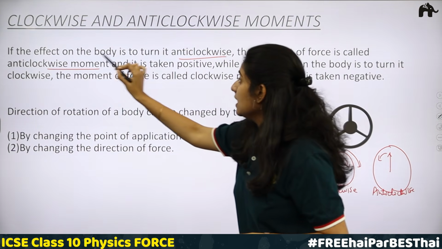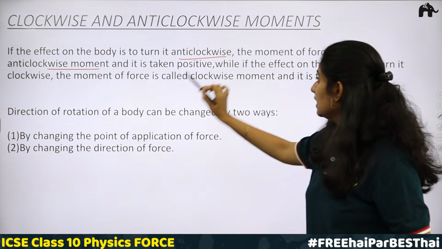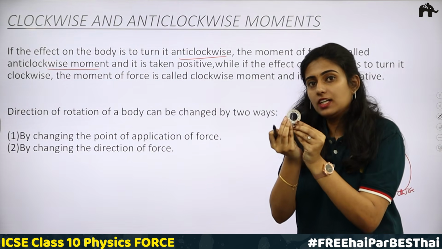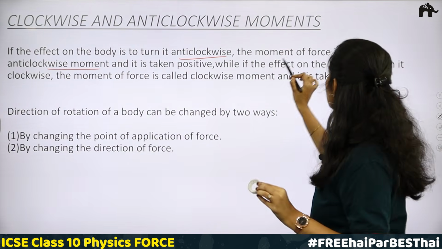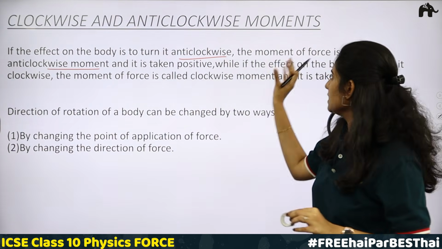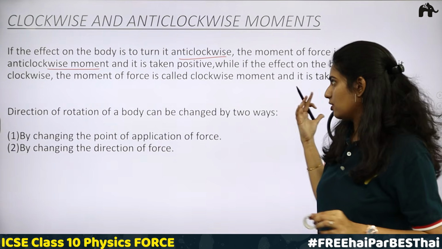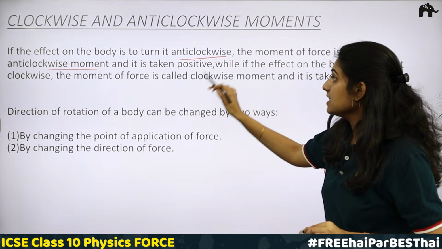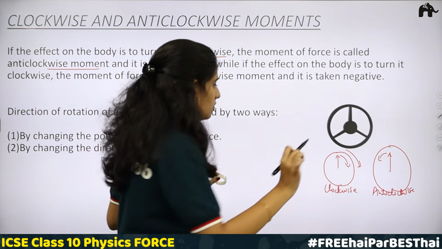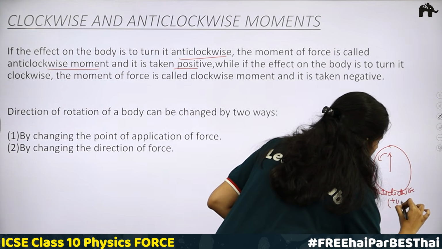So if the effect on the body is to turn it anti-clockwise, now here I am applying the torque to turn it anti-clockwise, in that case the moment of force is an anti-clockwise moment. And it will always be taken as positive. If it is in the anti-clockwise direction, it will be taken as positive.